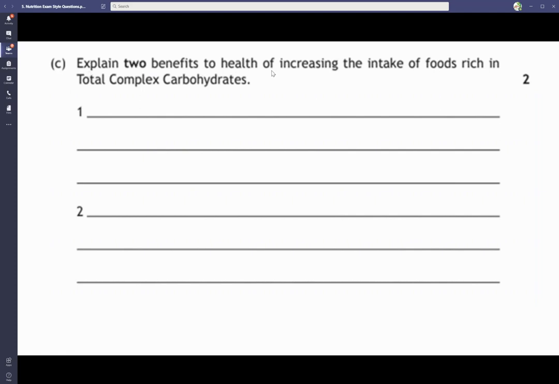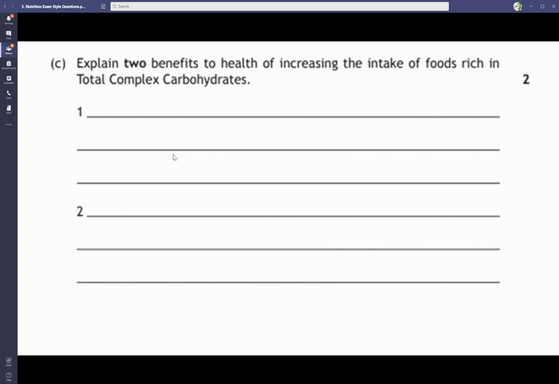2 benefits to health of increasing the intake of foods rich in total complex carbohydrates. Again, awarded 2 marks. Not always will you have point 1, point 2, but I know just by looking at the marks allocated, I must provide 2 explain points in order to get my full 2 marks for this question. So I'd like you to lay that out by writing the word fact and telling me your fact about total complex carbohydrates.